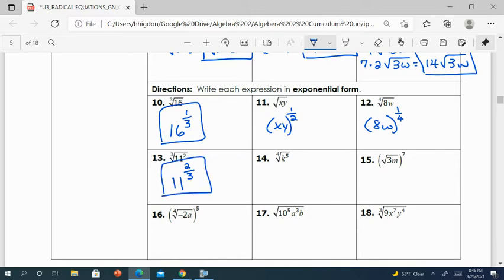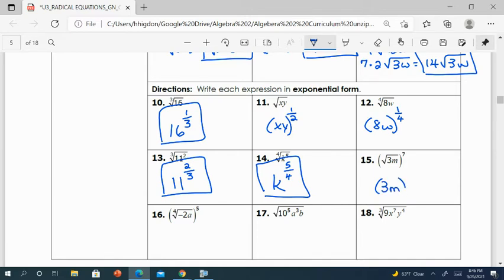Same thing on number 14. k is the base. 4 is the index, so it's the denominator, and 5 goes into the numerator. So reversing back to exponent form is pretty simple. Now, number 15 is written a little different. Again, the index is an understood 2.